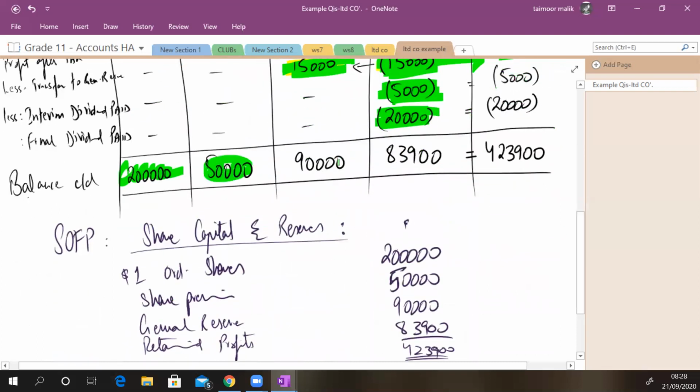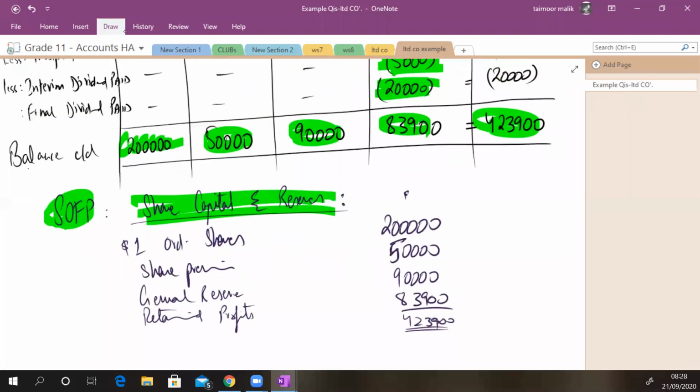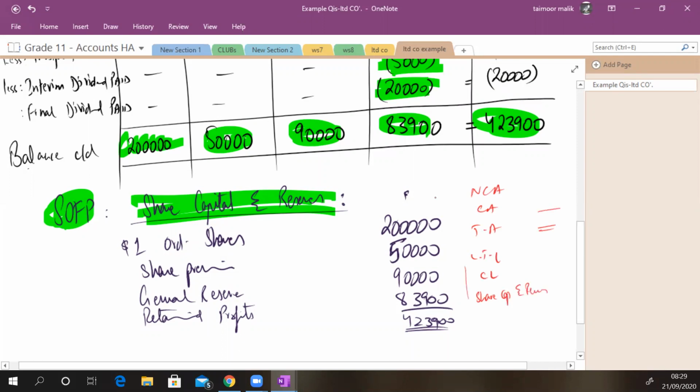These closing balances would go where? In the statement of financial position, share capital and reserves के section में. Like after preparing financial statements में non-current asset to current assets, total assets, long-term liability, current liability, and then you'll have share capital and reserves.